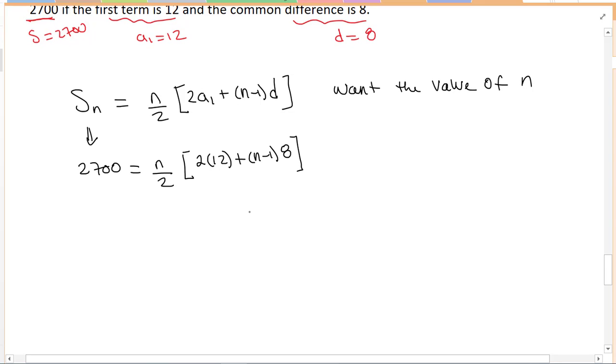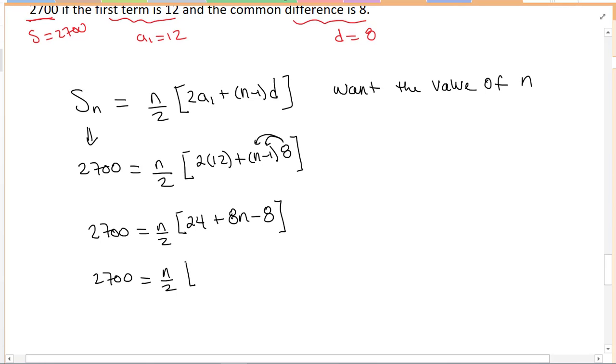And let's simplify this. 2700 equals n over 2 times, let's see, 2 times 12 is 24 plus, distribute the 8, so I'm going to get 8n. Don't forget to distribute to everything, minus 8. So I get 2700 equals n over 2 times, combine like terms on the inside, 24 minus 8 is 16 plus 8n.